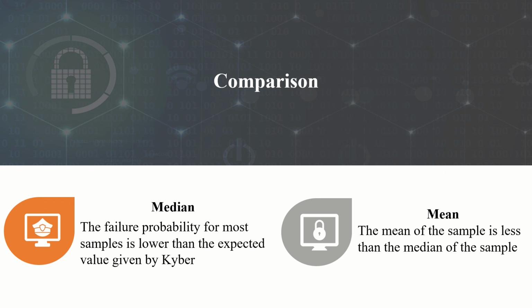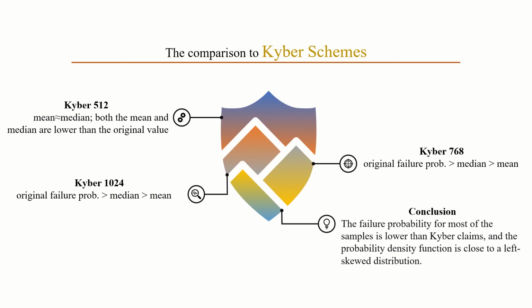By comparing the failure probability calculated by the above formula with the results claimed by Kyber, we will see that the failure probability for most samples is lower than the expected value given by Kyber, and the mean of the sample is less than the median of the sample. Specifically, for Kyber 512, the mean and median sample error rates are approximately equal, and both are lower than the expected failure probability given by Kyber.